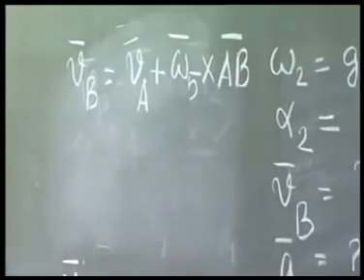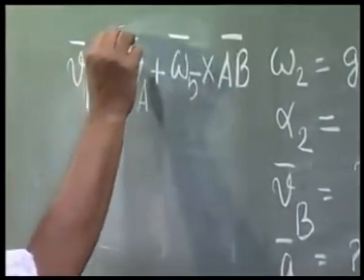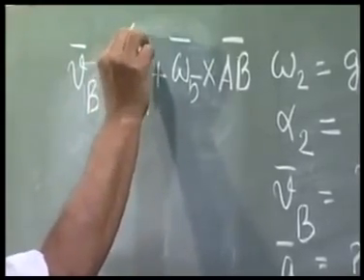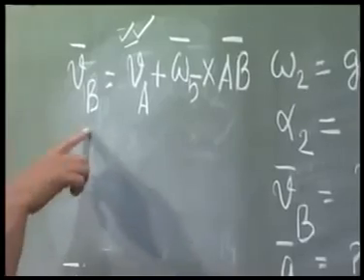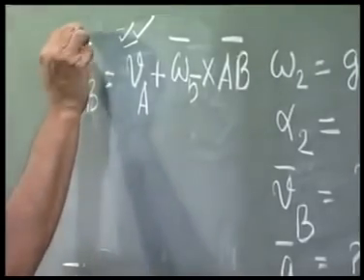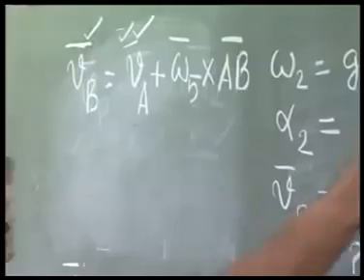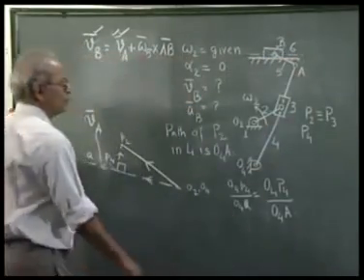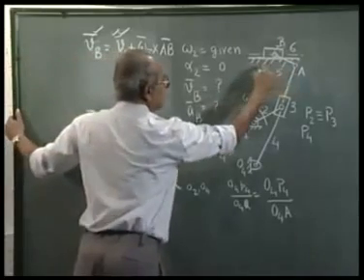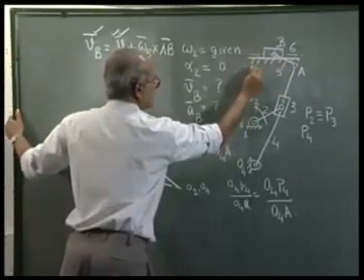In this vector equation, as we know, velocity of A has been completely determined. I know both the magnitude and the direction. For Vb, I know the direction which is horizontal, because the point B is constrained to move along a horizontal path due to the prismatic pair between 1 and 6.